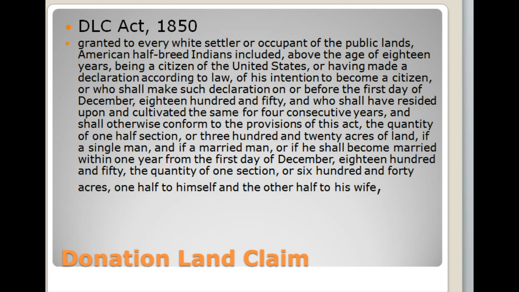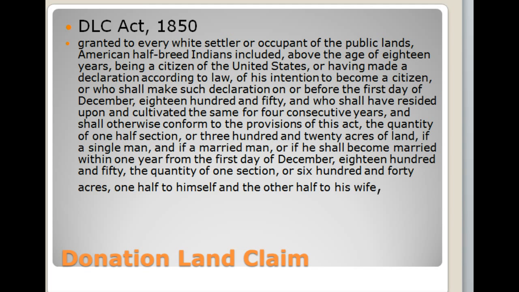But so there was, what did they say? Almost 320 acres to almost any qualified settler. They had to stay on the land for 4 years and make a living off that land, and then it was deeded to them.